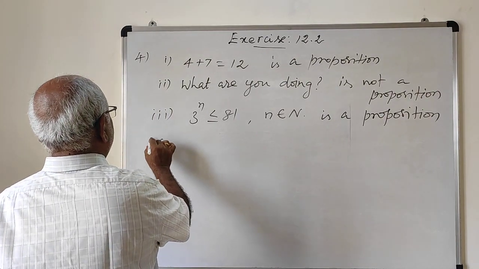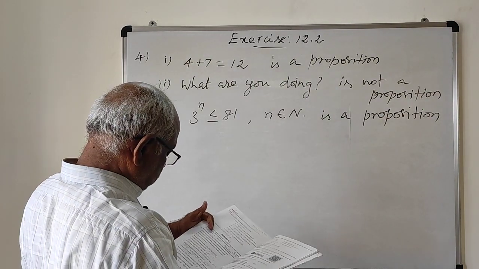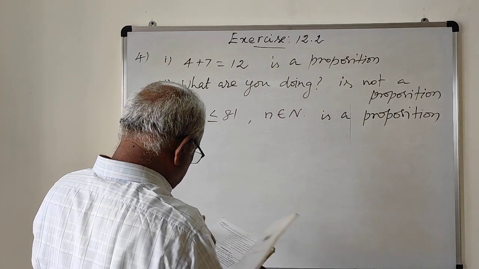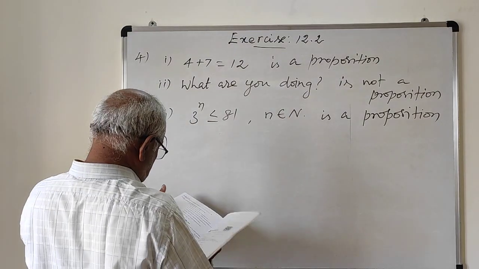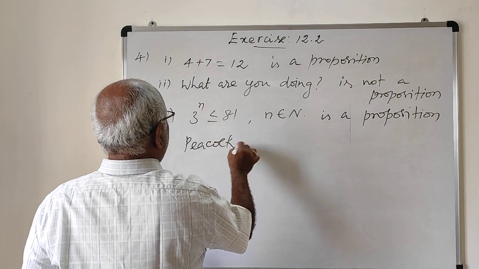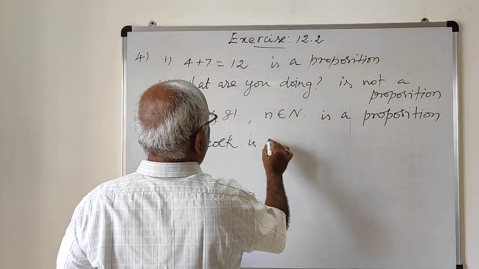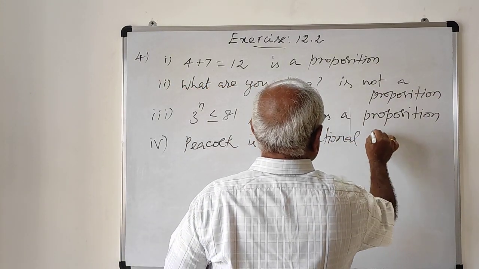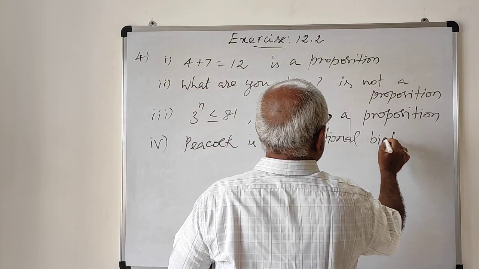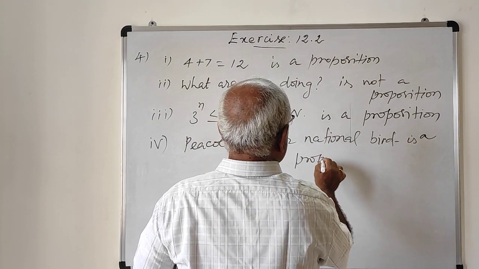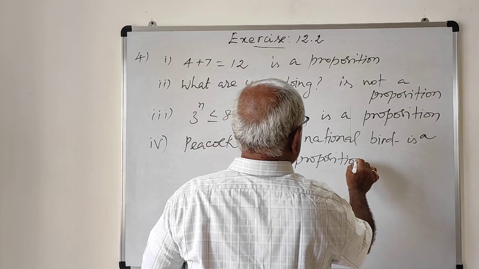Fourth one. Peacock is our national bird. It is a proposition because it is also a declarative statement.